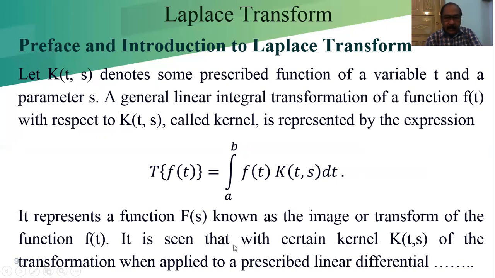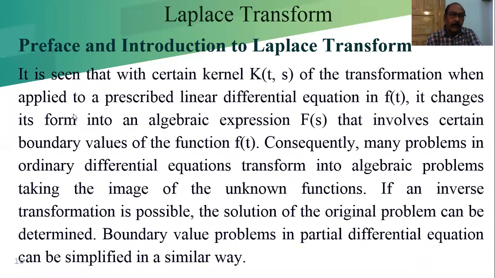It is seen that with certain kernels K(t,s), the transformation, when applied to a prescribed linear differential equation in f(t), changes its form into an algebraic expression in capital F(s).